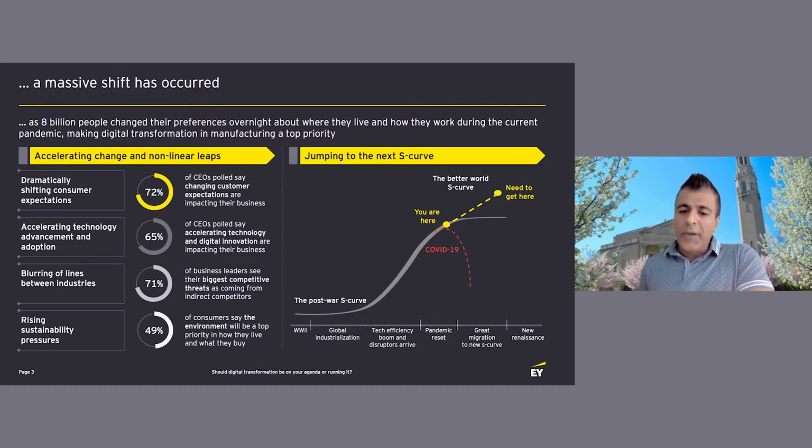And with the pandemic, the S curve of innovation, we believe, has significantly shifted, which means companies that are not thinking about transformation and adopting technology to drive a massive shift in their focus and how they operate will be left behind. This is a multi-generational shift where companies that don't innovate will no longer be here.